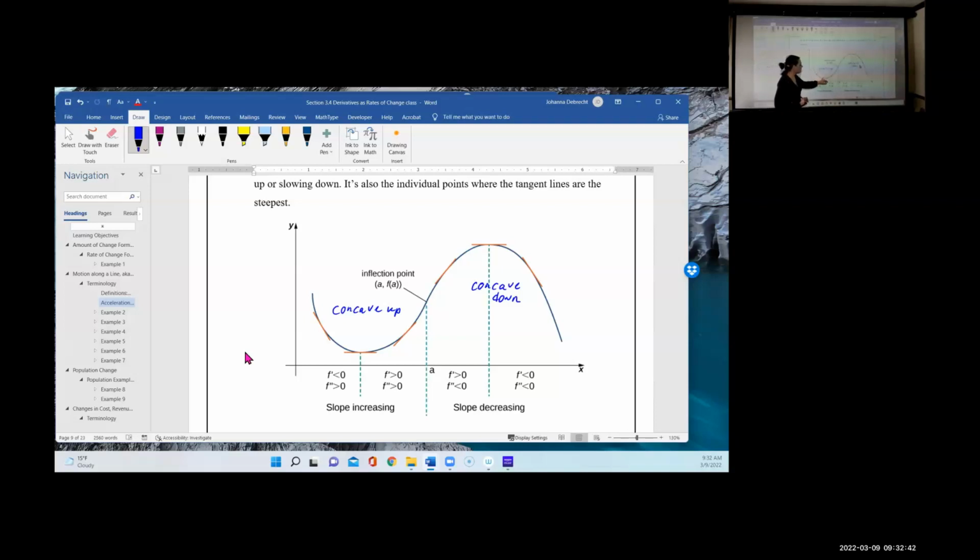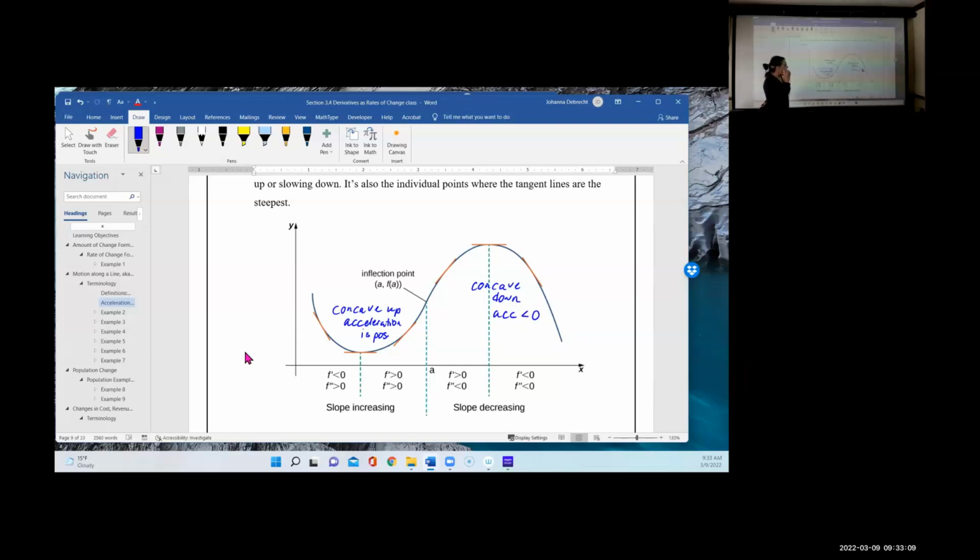It's concave up like a cup, so it holds water, or concave down like a frown, it does not hold water. Concave up means the acceleration is positive. Over here, concave down means the acceleration is less than 0.